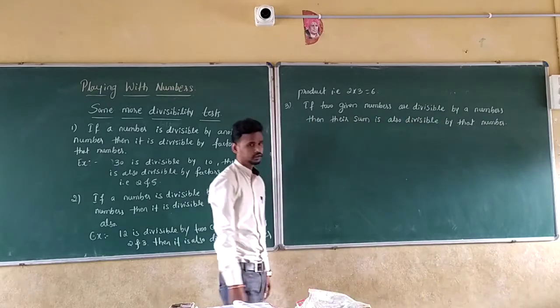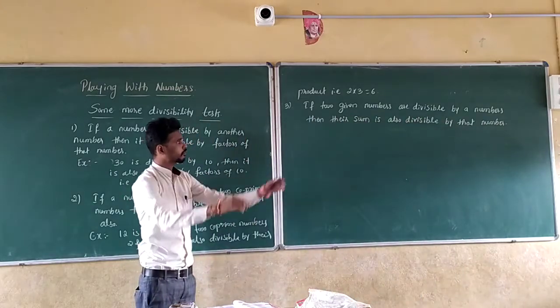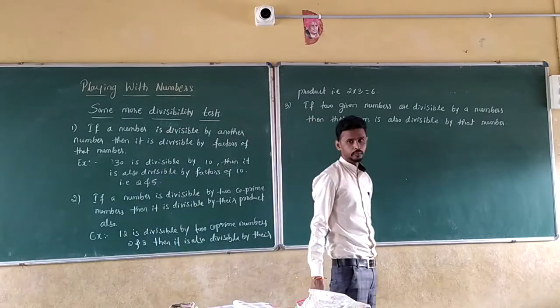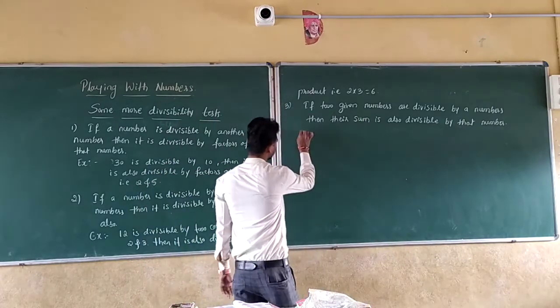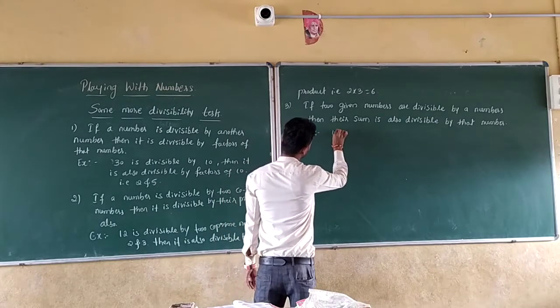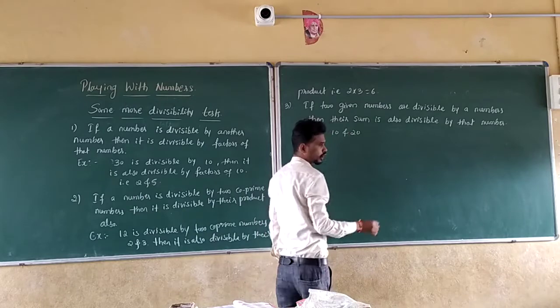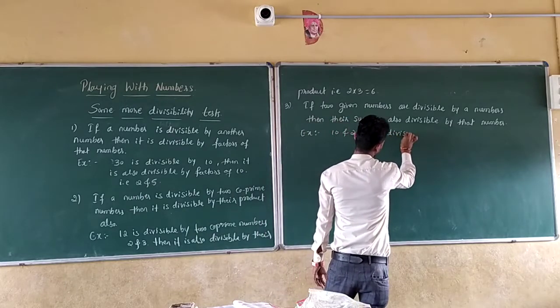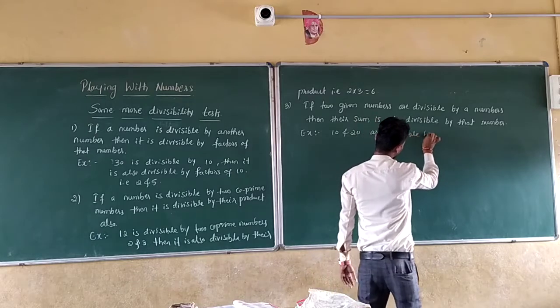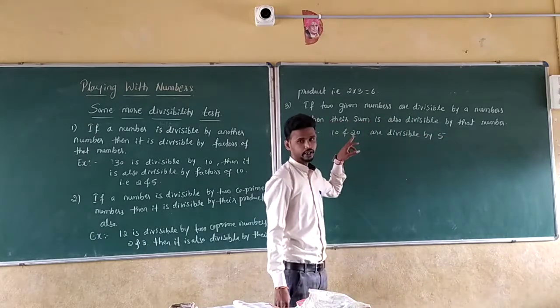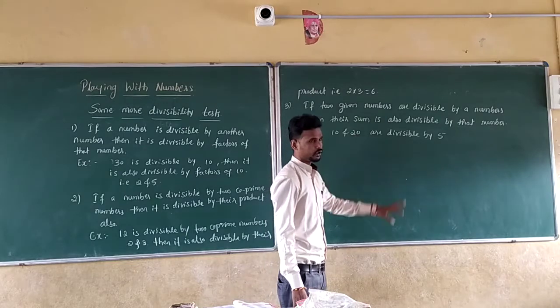So means what? If two given numbers are divisible by a number, then their sum is also divisible by that number. For example, 10 and 20, two numbers are divisible by 5, as both 10 and 20 are divisible by 5.